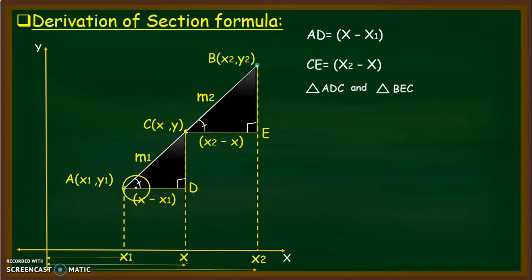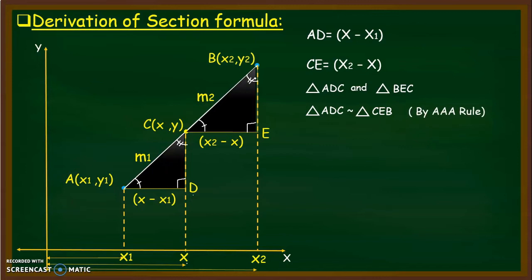And if two angles of any triangles are equal, then the third angle will also be equal. So we can say that triangle ADC is similar to triangle CEB using the angle rule.